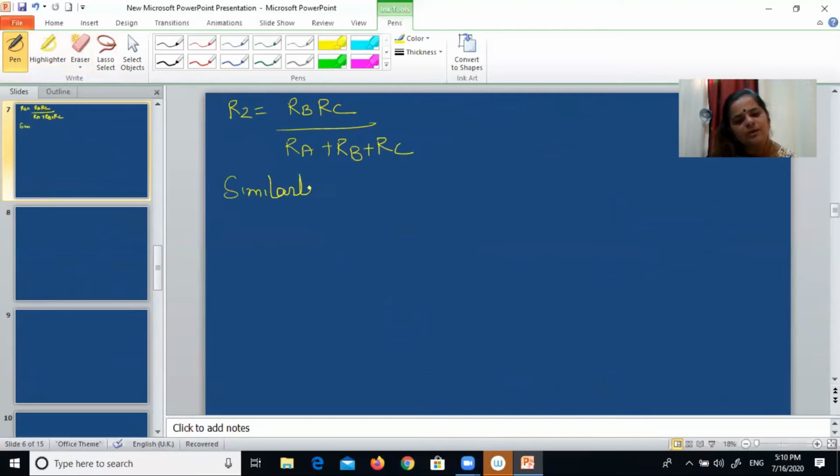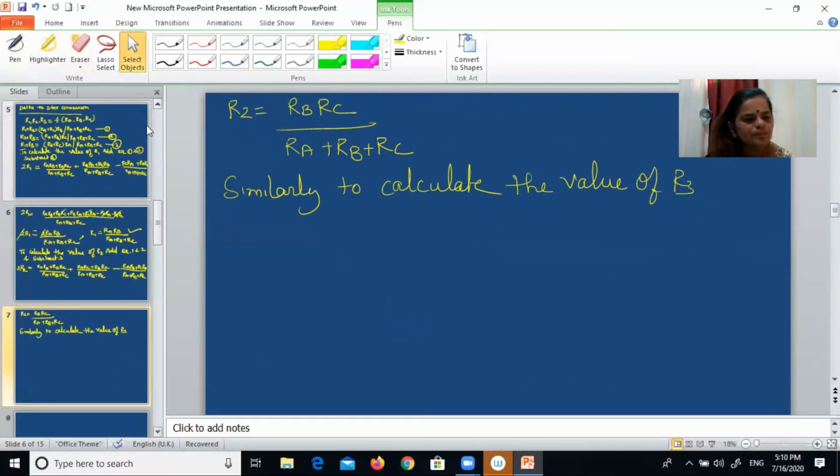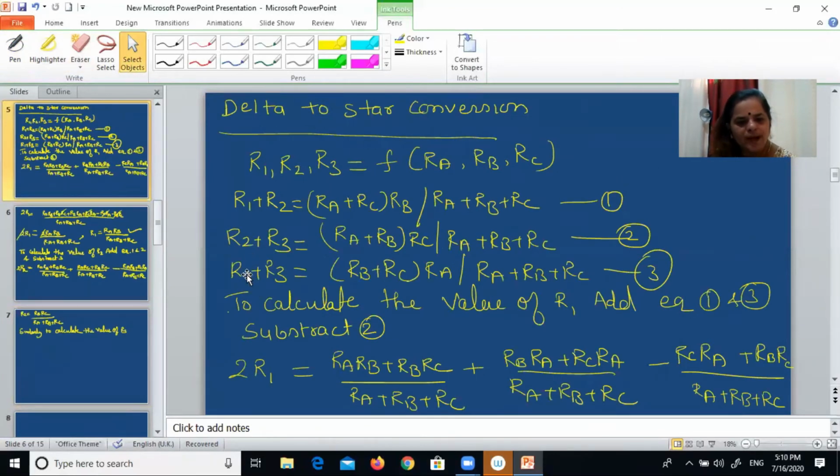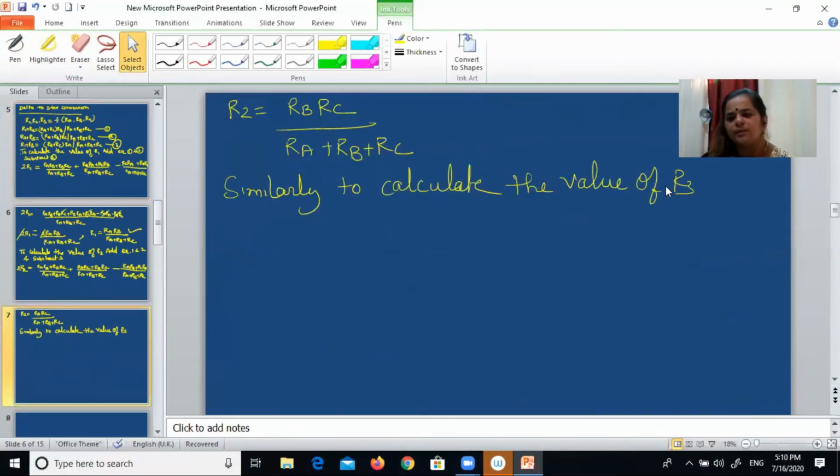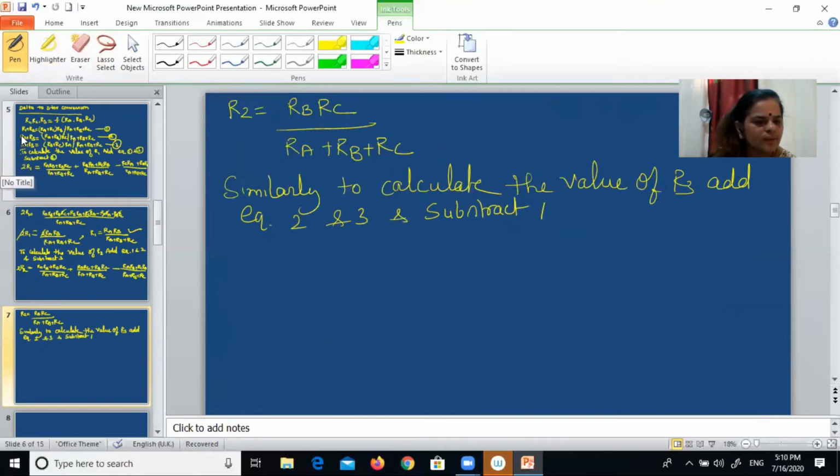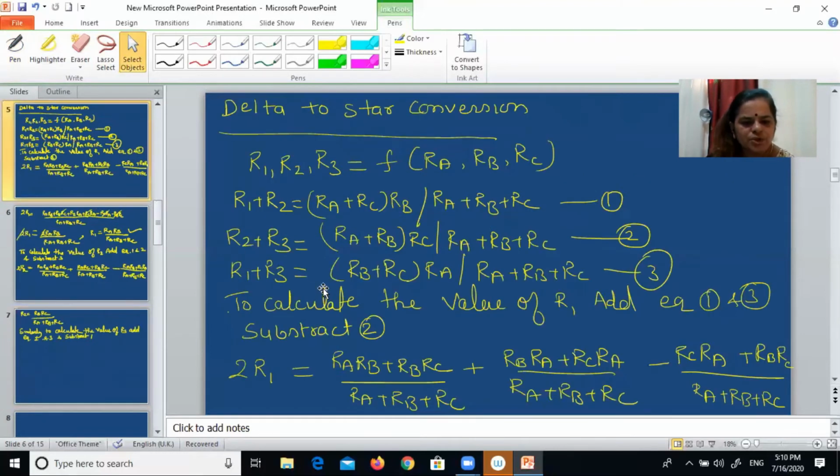Similarly, to calculate the value of R3, what we need to do is add 2 and 3 and subtract 1. So add equations 2 and 3 and subtract 1. When we add 2 and 3 we get R1 plus R2 plus 2R3, and subtract 1.